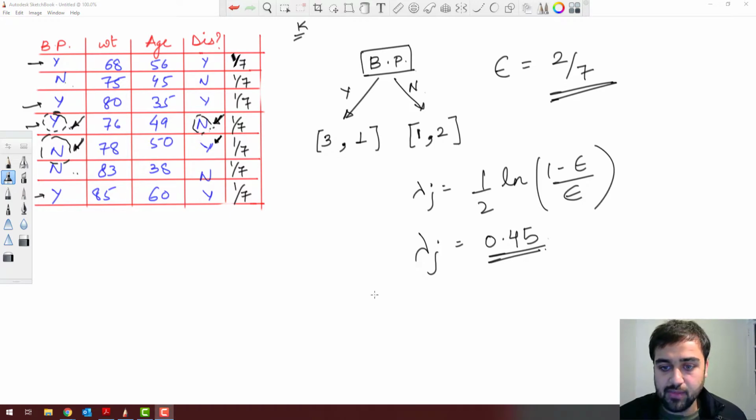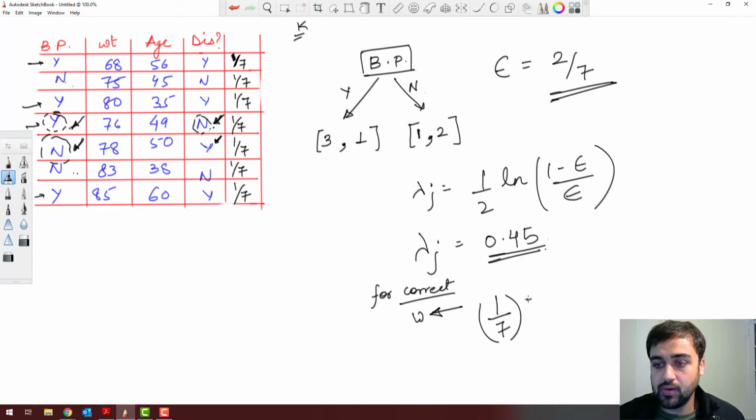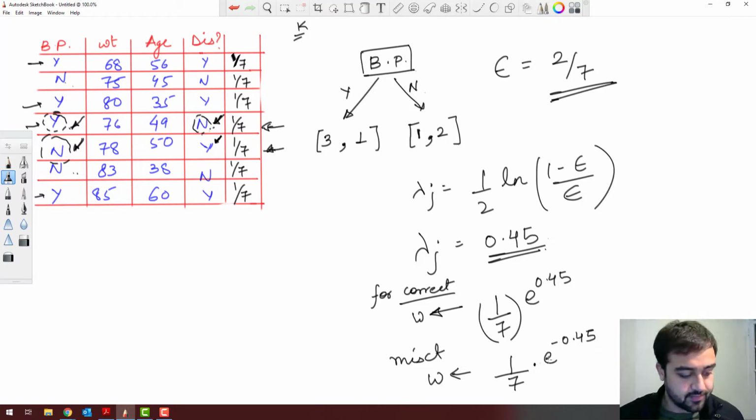Once we have got our lambda j, for correctly classified samples, that are 5 samples out of 7, we give them the weights for correct. The weights are updated as current weight, that is 1 by 7 into e to the power 0.45, right? And for misclassified, that are these two samples, we give a new weight that is given as 1 by 7 into e to the power minus 0.45, right?